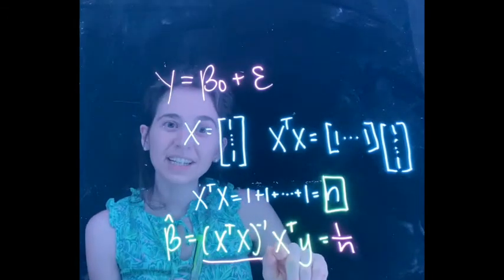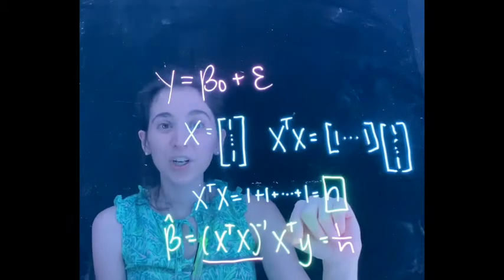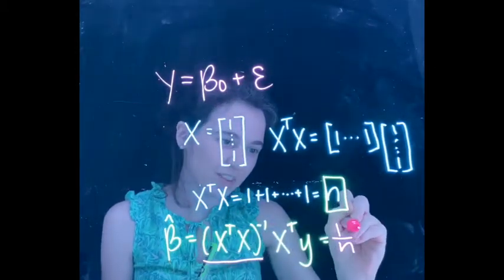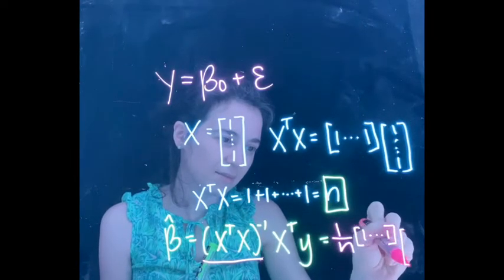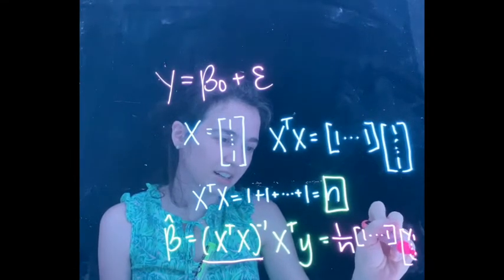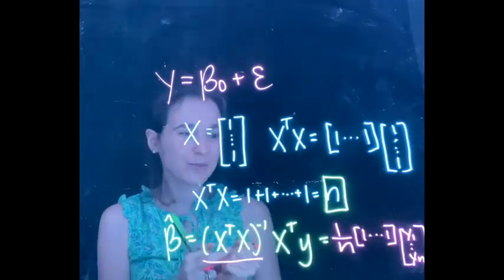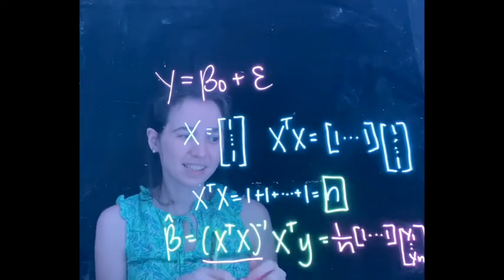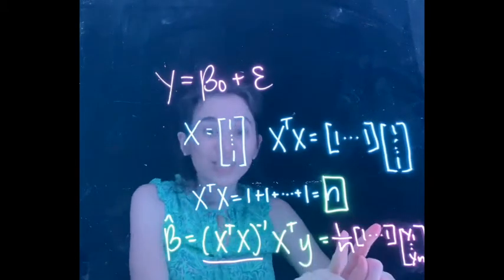And then what is X transpose? That's just this vector of 1s. And what is Y? Well, that's a vector of Y. So let's write that out. We've got 1 over n times this vector of 1s times y1 to yn. Let's do the matrix multiplication here.